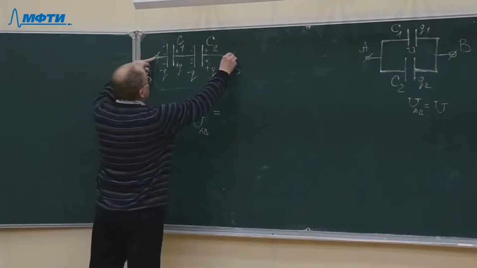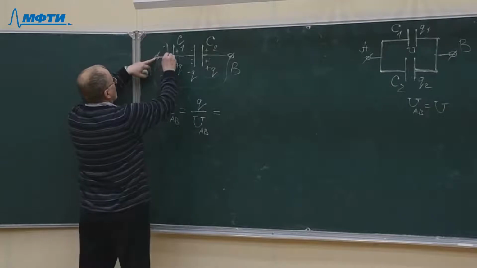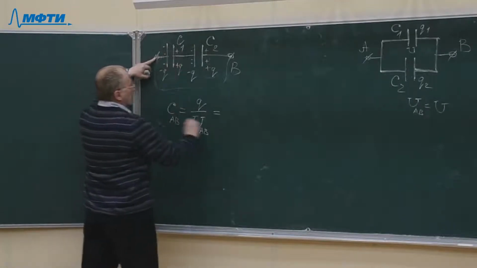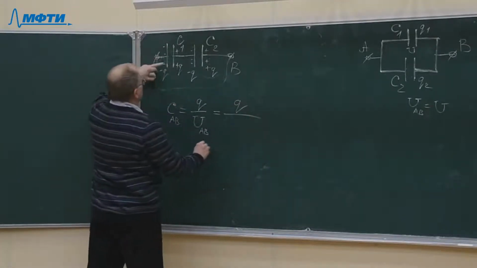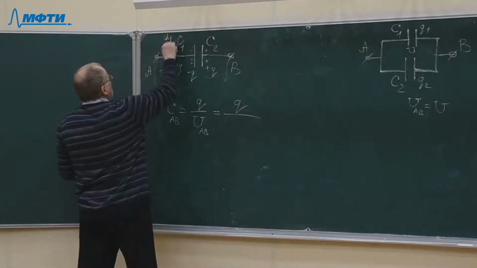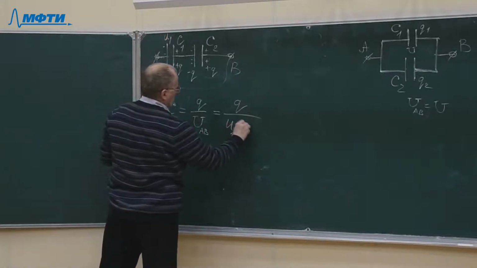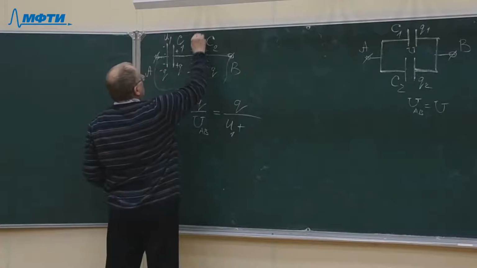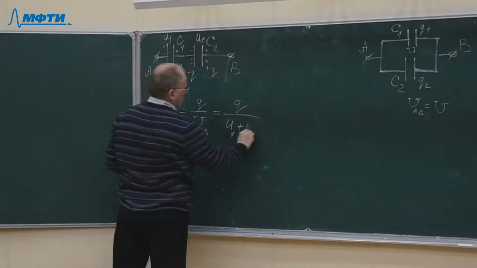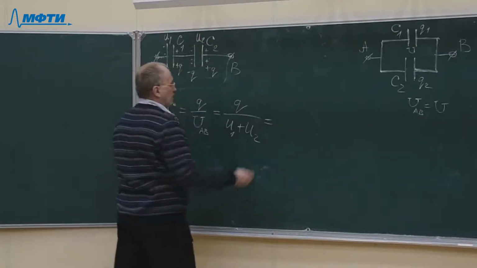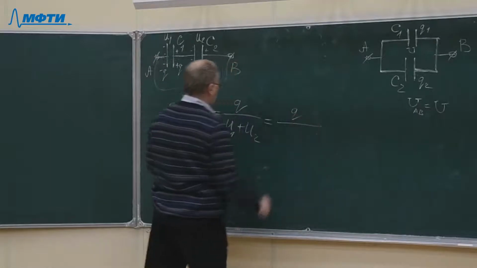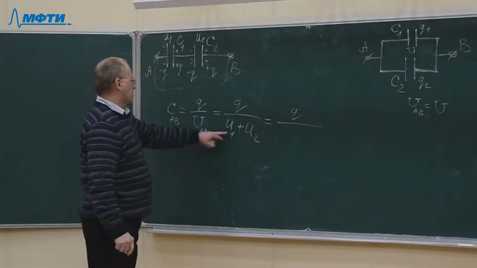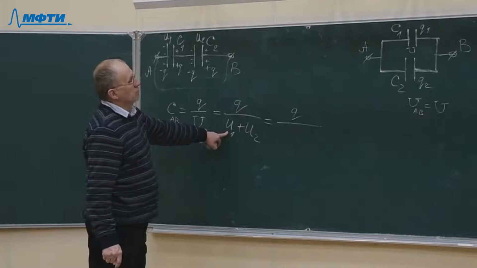Potential difference between points A and B will be equal to potential difference on the first capacitor, U1, plus potential difference on the second capacitor, U2. And now we can recall what is U1 and U2.